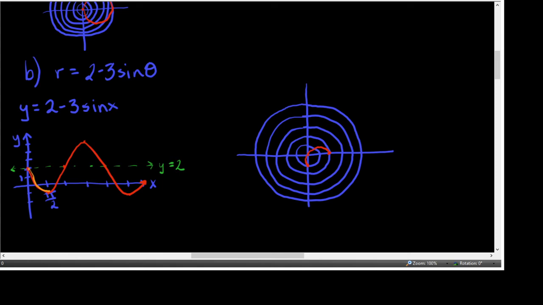Okay. So continuing. The next major point on our graph is at pi, 2. So we go to the angle pi, which is the negative x-axis, and we're out 2.